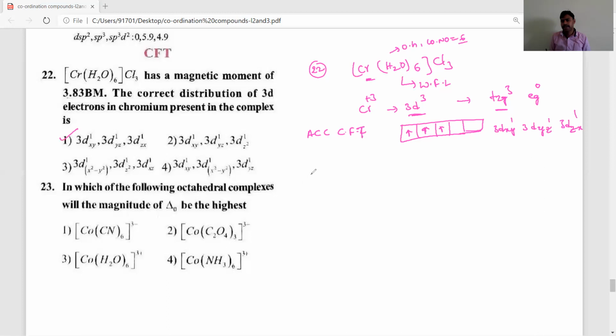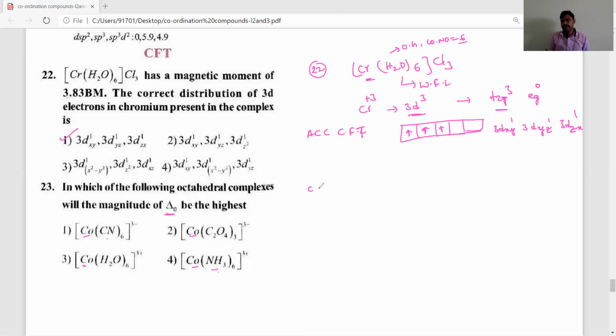Okay, students, let's see the 23rd question. Which of the following octahedral complexes has the highest delta naught value? All central atoms are cobalt only, with CN, C2O4 2 minus, ethylenediamine, NH3 and H2O as ligands.